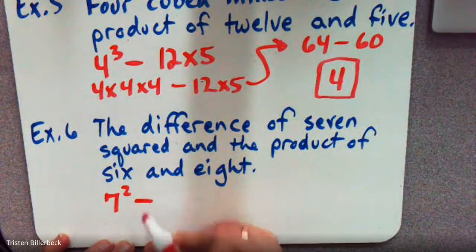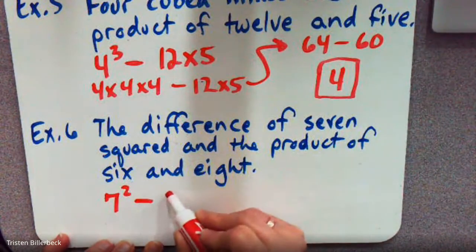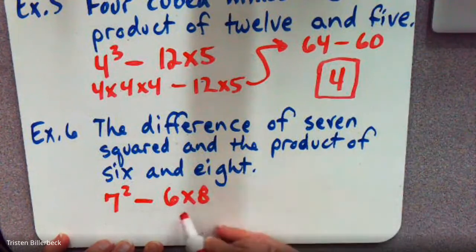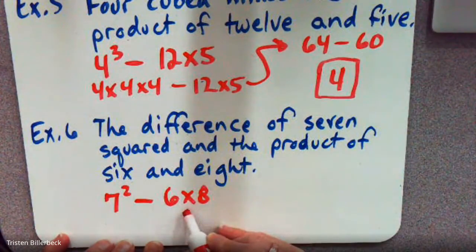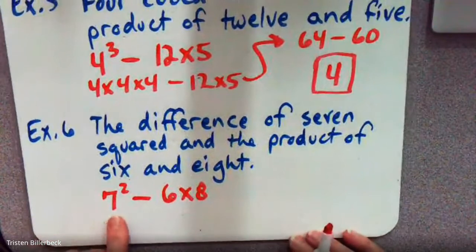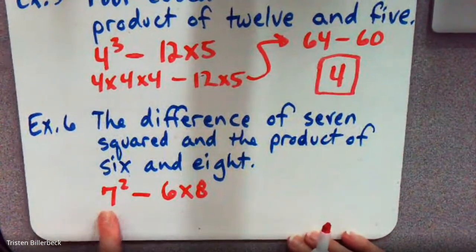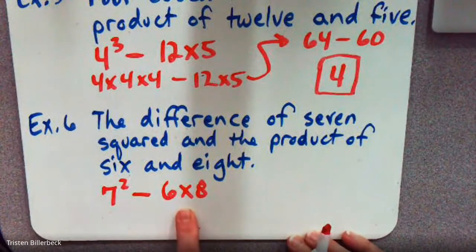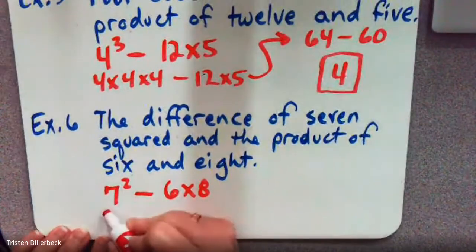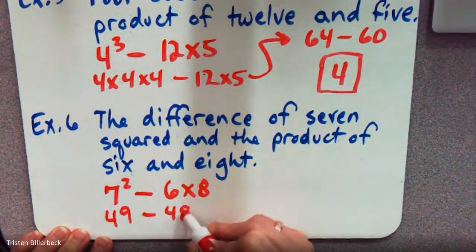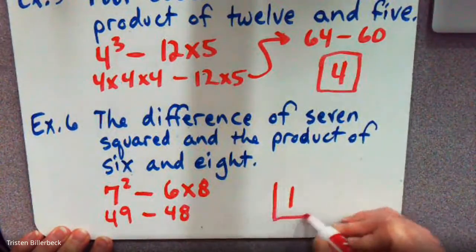So we multiply 6 and 8 because that's a product. So we're trying to find the difference, which is a subtraction, of 7 squared and the product of 6 times 8. So this is 49 minus 48, which is just 1.